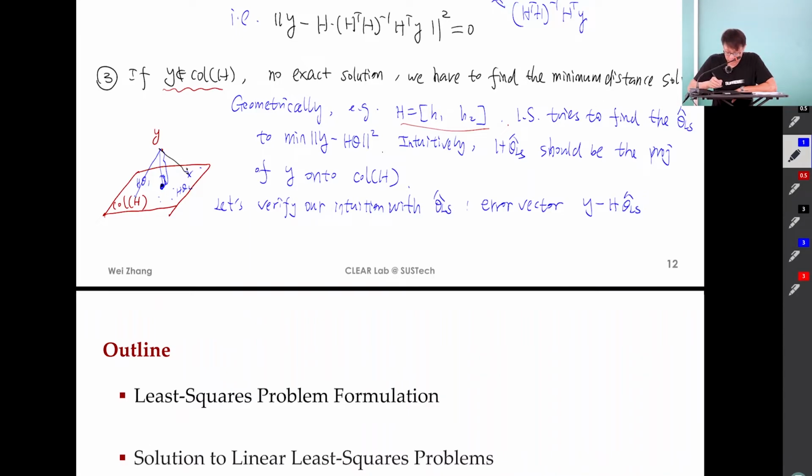That means this is our error vector, y minus this point, right? That's our error vector.